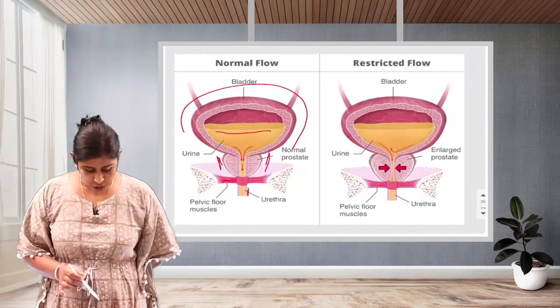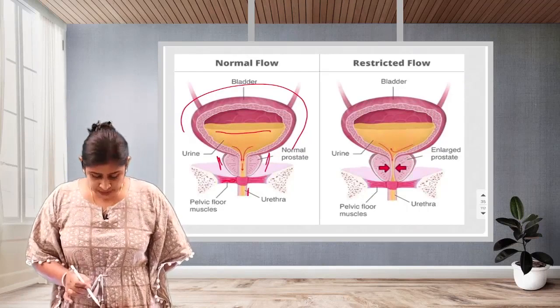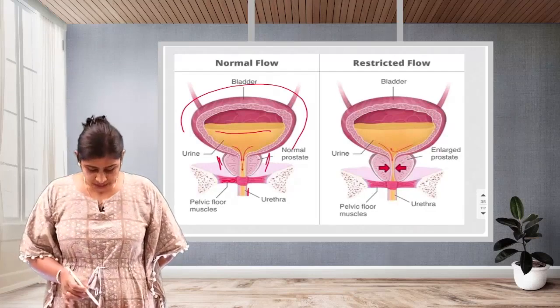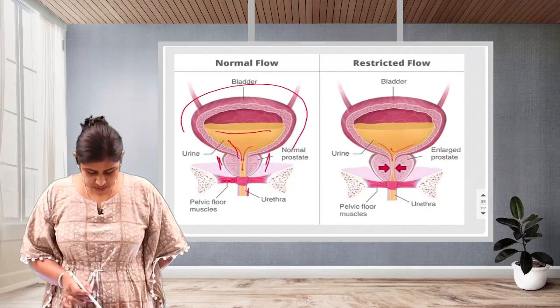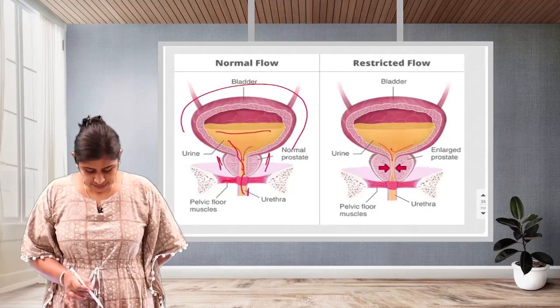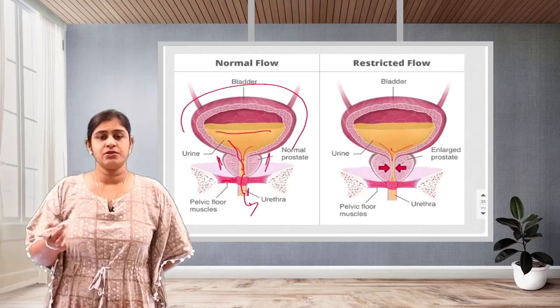So you can see in the normal flow, all the urine that is collected in the bladder is properly excreted. It goes down from here, crosses the normal prostate, and then via the urethra it is discarded.